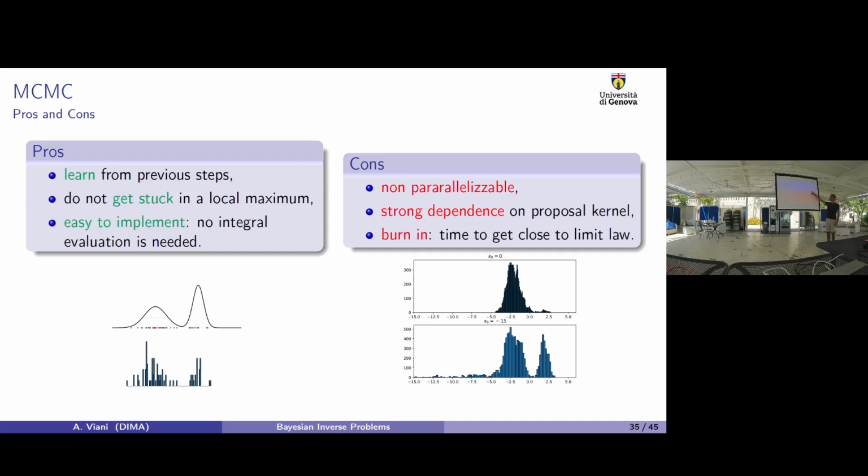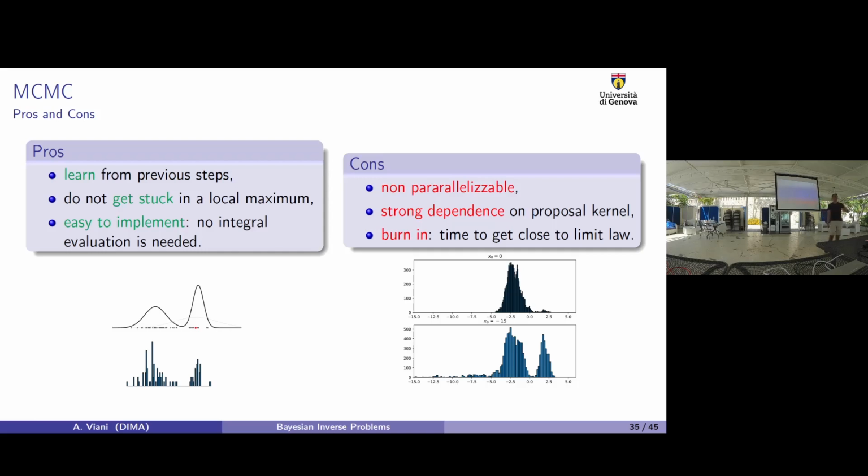Of course, it's not parallelizable because the current step depends on the previous one, and it depends on the choice of the proposal kernel, because if I always propose a terrible move, I cannot explore the space properly. And there is also a problem that depends on where we start.